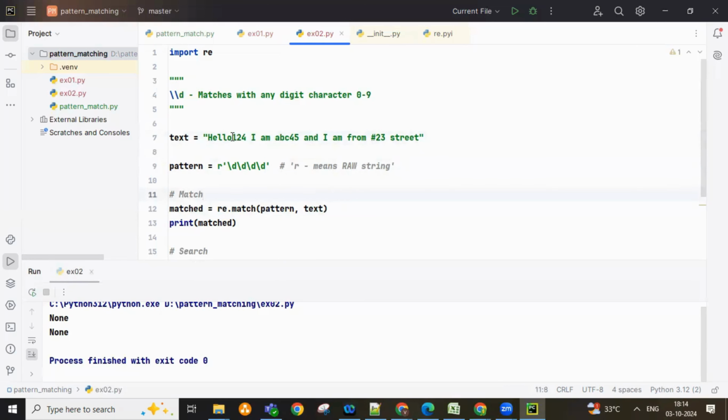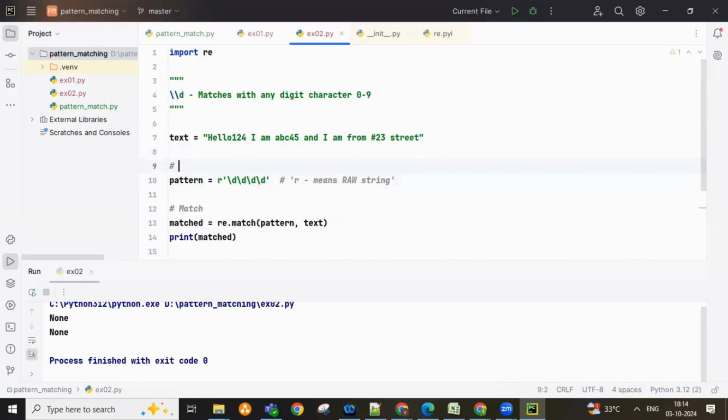Meaning you should write a pattern that matches 1 2, 1 2 3 4, 4 5, and 2 3. So in this case, what is the best approach? Instead of this pattern, I think I'll put a comment. This is a bad way.